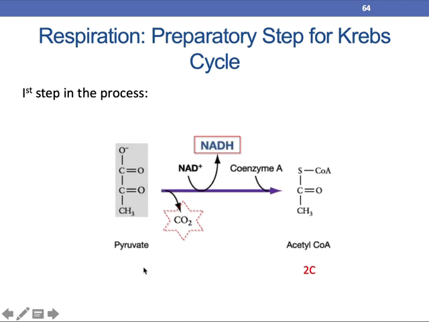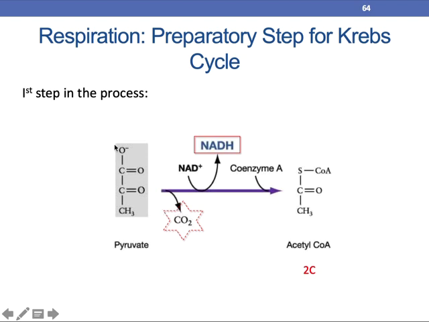So I'm trying to go step by step in terms of the Krebs cycle. The first step, which technically is not part of the Krebs cycle, is called a preparatory step. It's the first step in the process. So you will have pyruvates, and pyruvates will then be converted into acetyl-CoA.